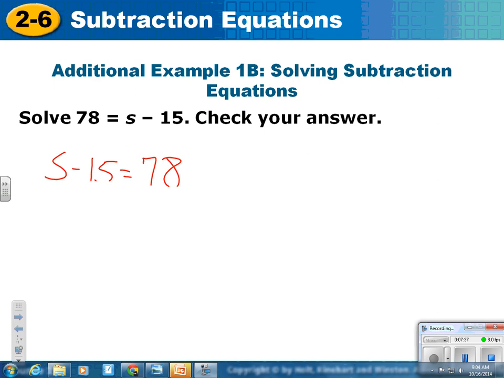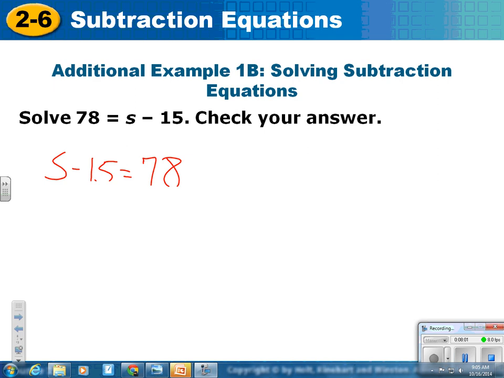Do the opposite of whatever's happening to the letter or the variable, okay? And what is being done to the variable in this situation? Sam? It's being subtracted by 15.